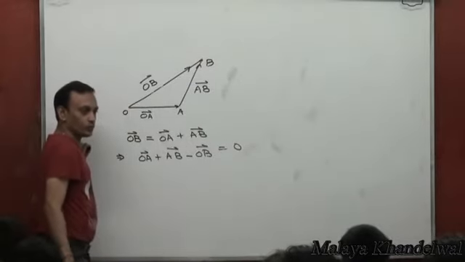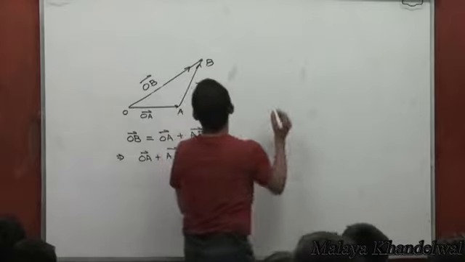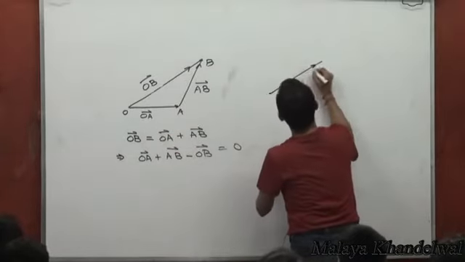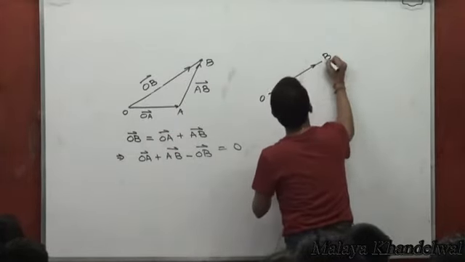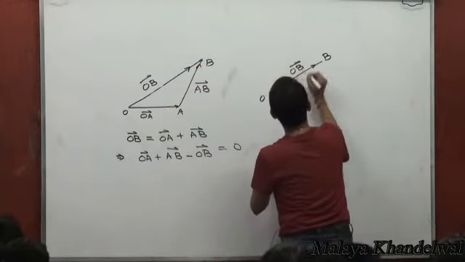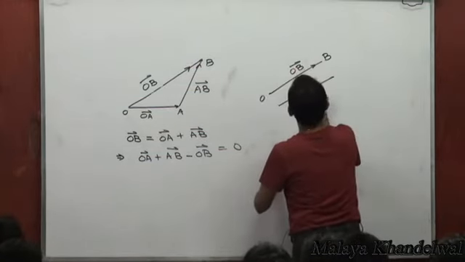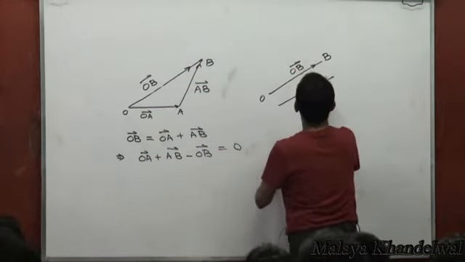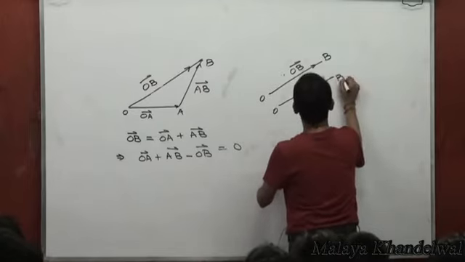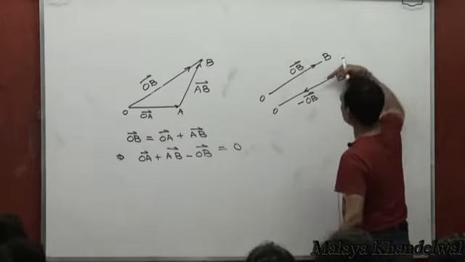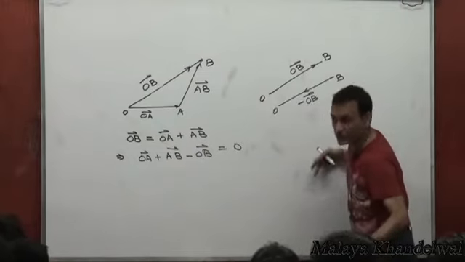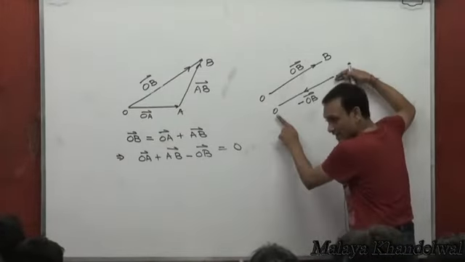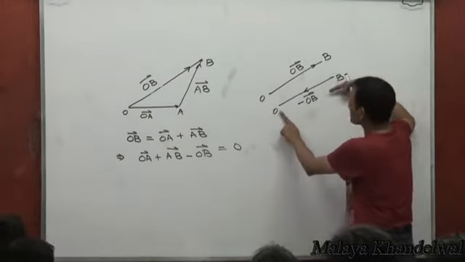Yes or no? Now do you realize that if this vector is OB, then this vector must be minus OB. Yes or no? Same length but oppositely directed.